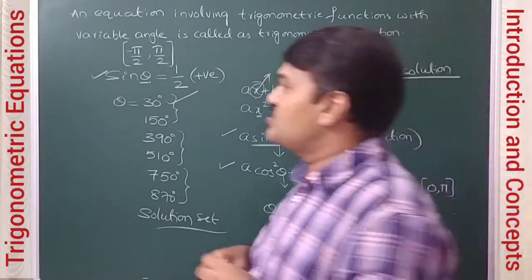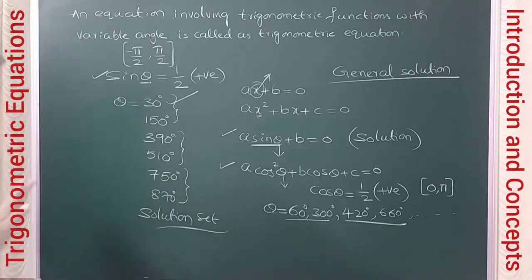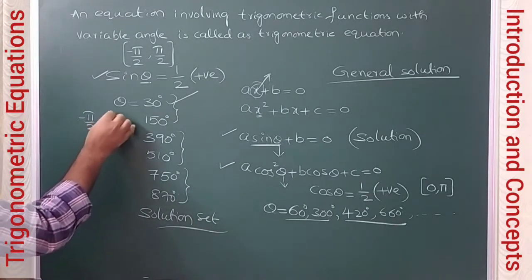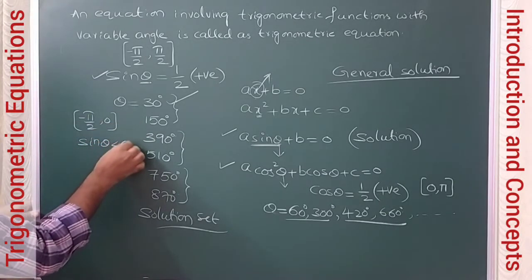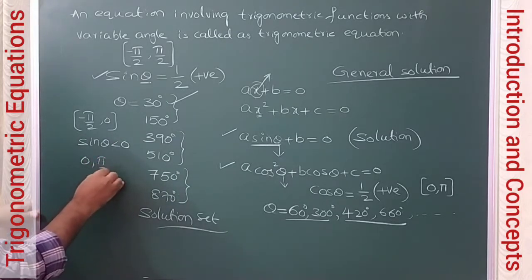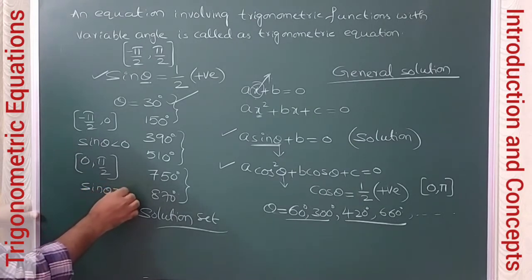So whatever interval we are taking, the trigonometric function values must not repeat in that particular interval. So in this particular interval, sine function values are not going to repeat, because between minus pi by 2 and 0, sine theta will be negative, means you will get negative values. In the interval 0 to pi by 2, sine theta will be positive.